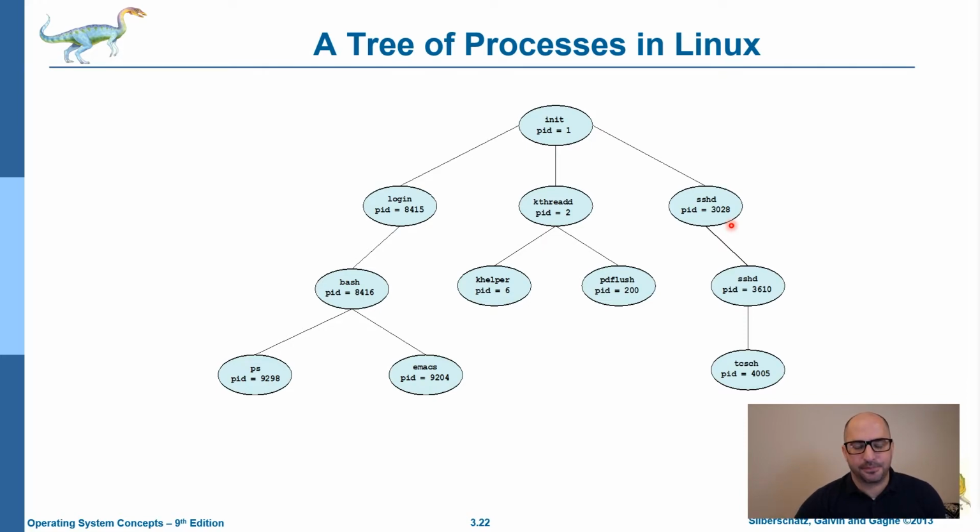On Linux, the first process is referred to as init. And that always has a PID of 1. In the example here, init has spawned login, kthreadd, and sshd. So we have our SSH server, kernel helper threads, which is a management daemon to take care of kernel helping, and then login handles terminal authentication.